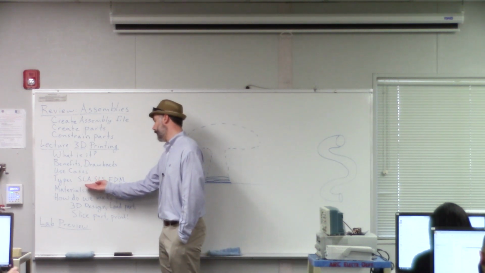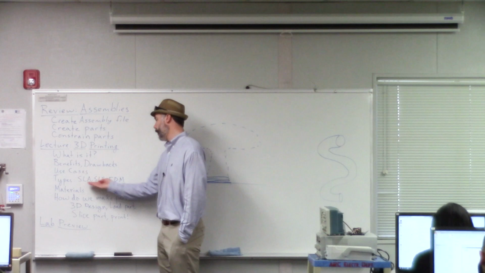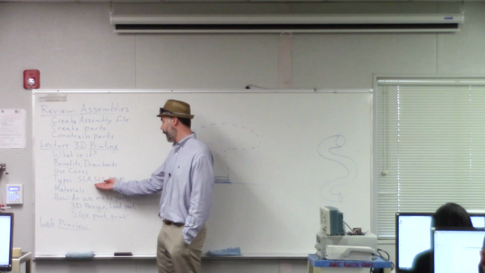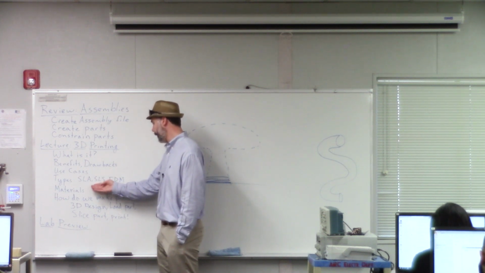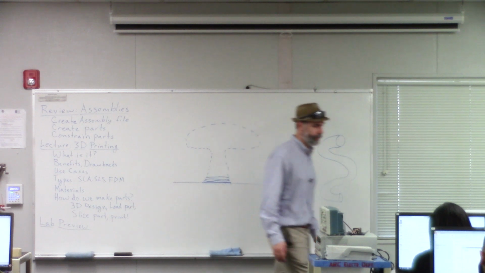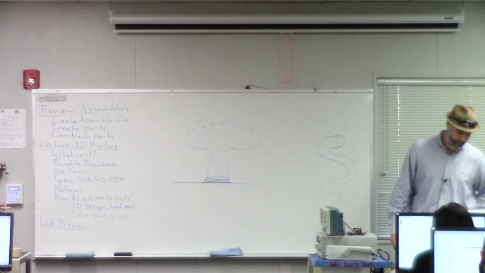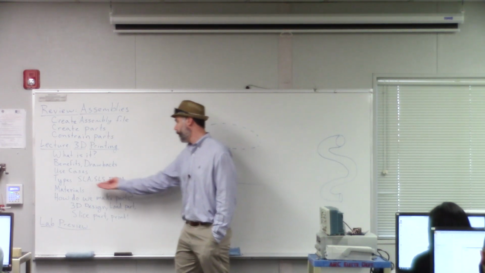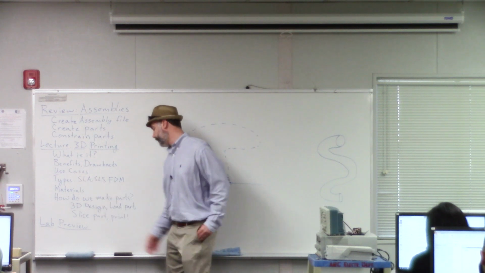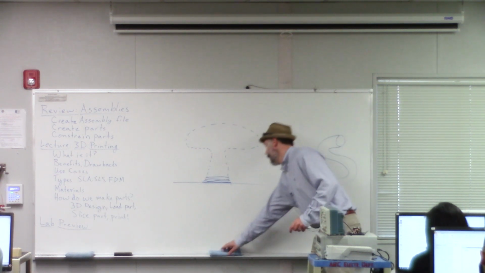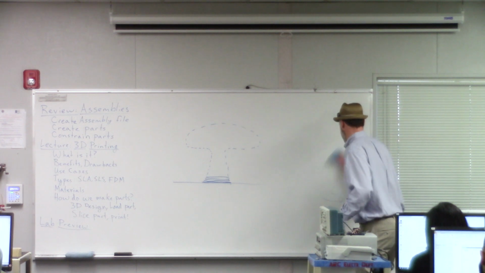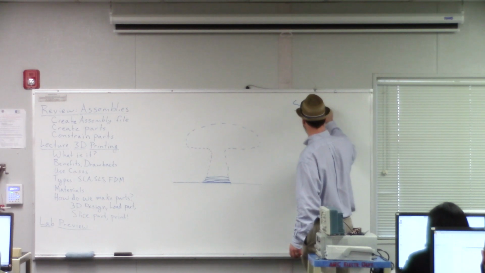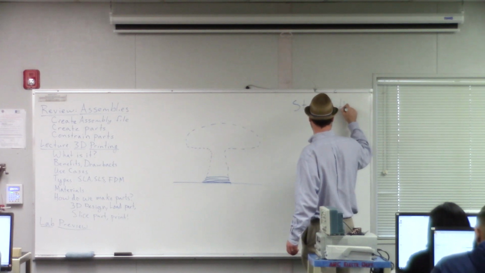There are three main types: SLA, which is stereolithography; SLS, which is, I believe, selective laser sintering; and then FDM, which is fused deposition modeling. So SLA is stereolithography.